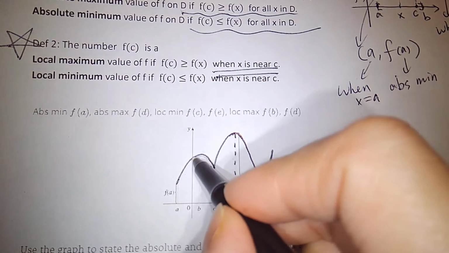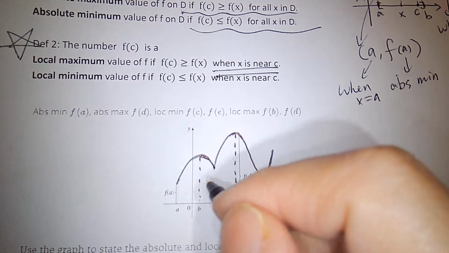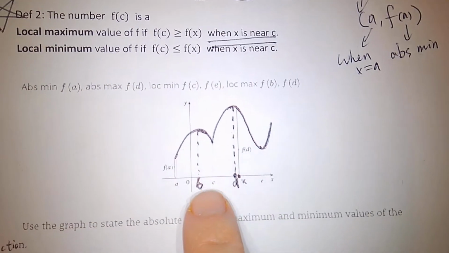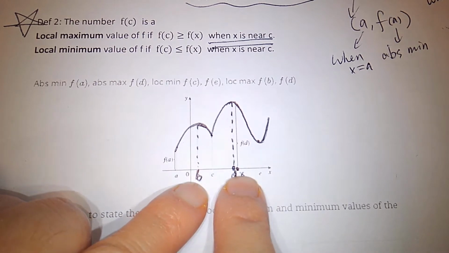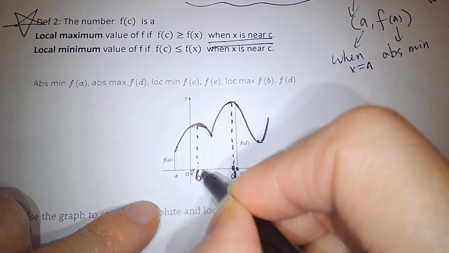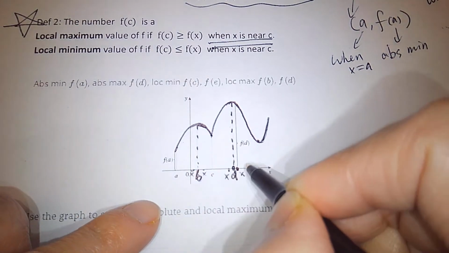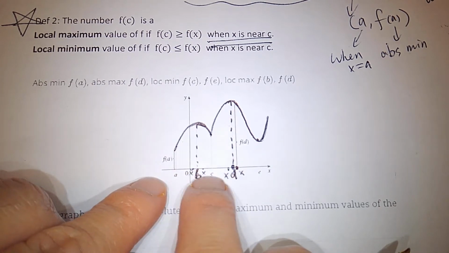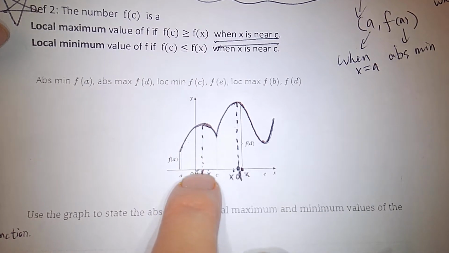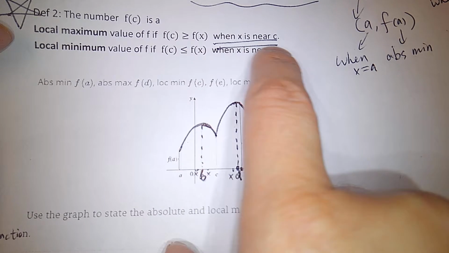And then local maximum. How about this B? What do you think? See, local means what? These x are very close to B or D, because this could also be x, okay? x is near B, x is near D. The f of B and f of D are greater than or equal to f of x when x is near them.